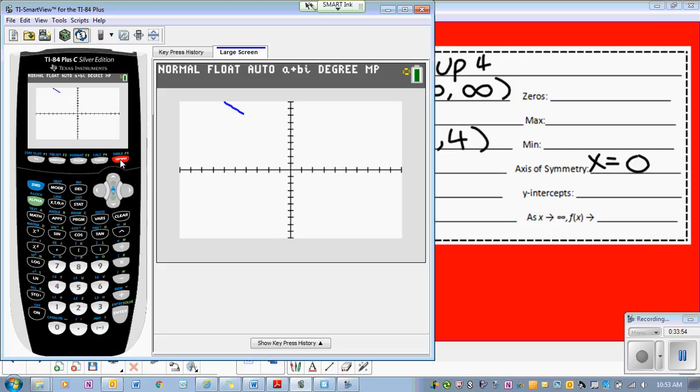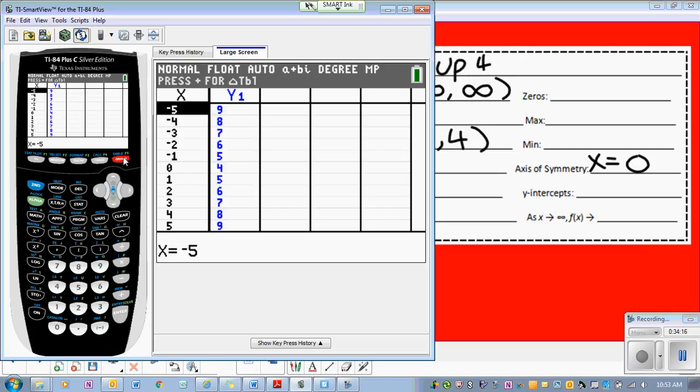Let's take a look at where this vertex is. There we are. Okay? If you don't remember the opposite-of-h, k trick, we got 0, 4. Yeah. Good. So if you don't remember how to do that trick that I showed you, graph it, right? Now, I'm going to go to second graph. Let's go to the table. Go and highlight where your vertex is.